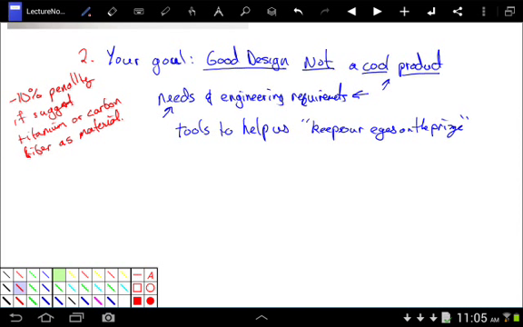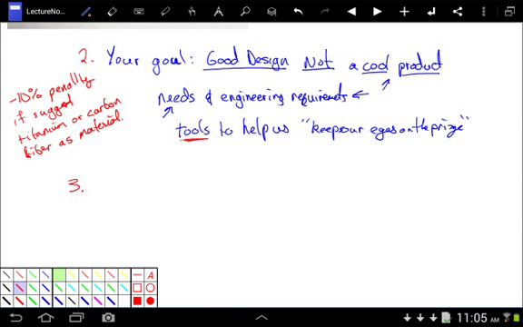Titanium has its uses, don't get me wrong, but not often, right? Carbon fiber is the same thing. It's very difficult to make things out of carbon fiber. It has great properties, but it's very expensive to use. So yes, we will learn lots of tools to help us keep our eyes on the prize.